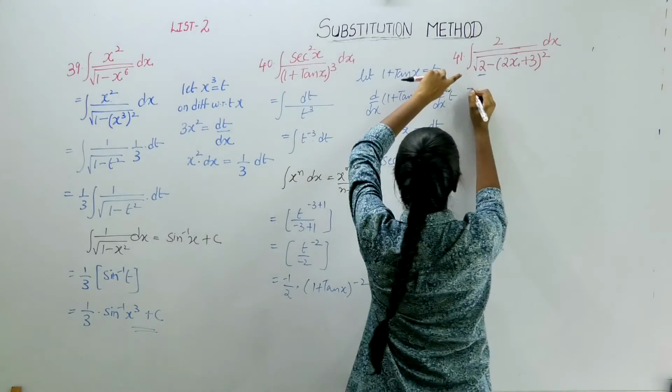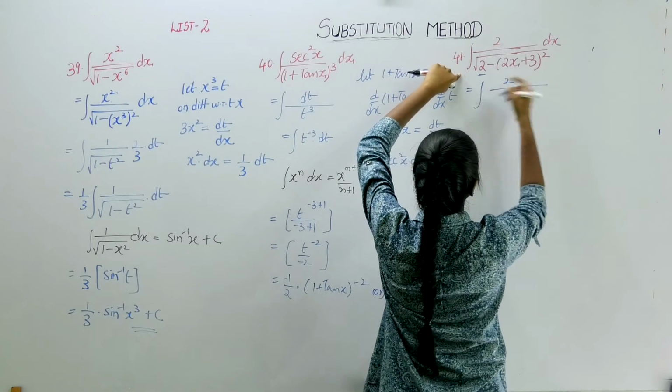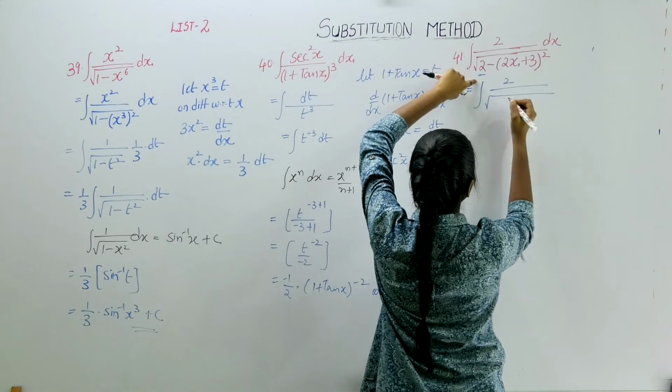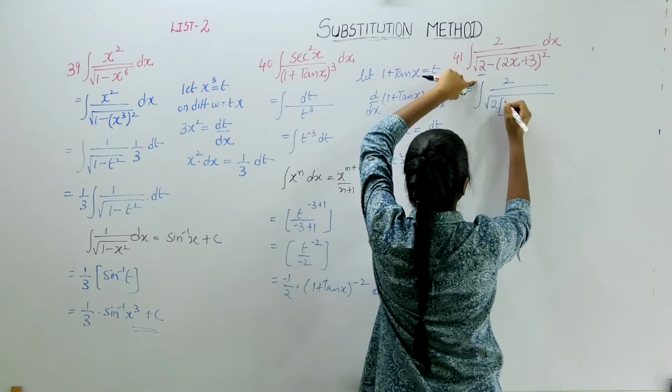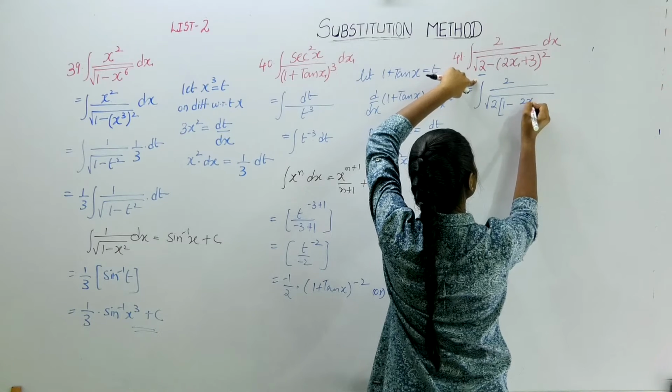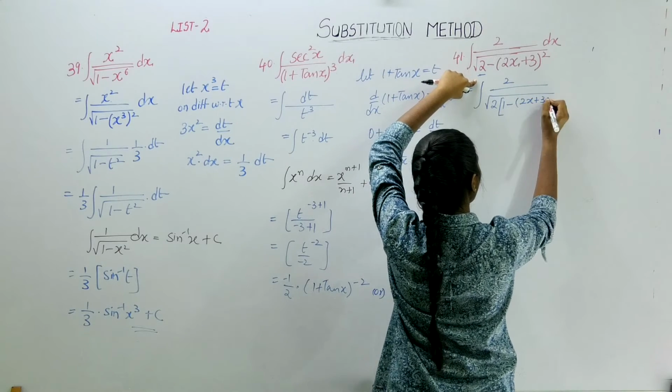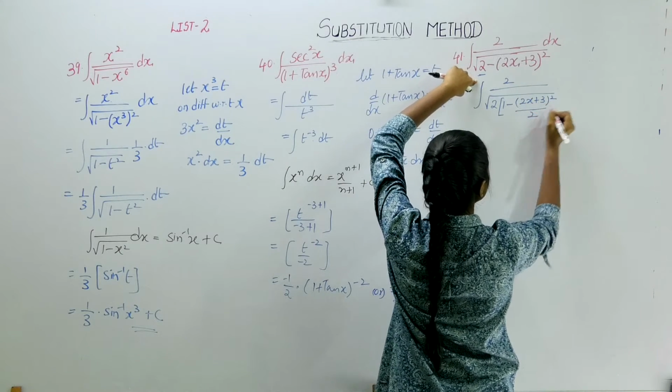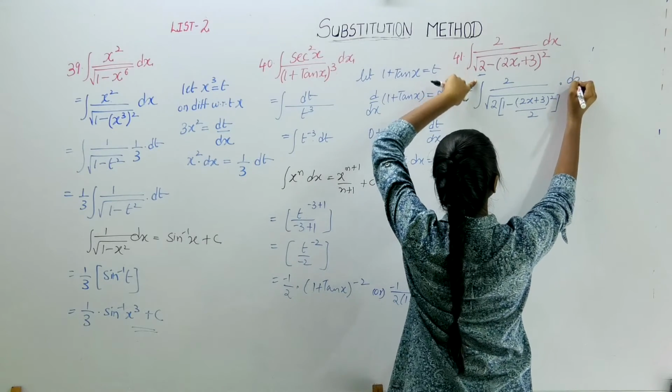When we take 2 common in the denominator, we have 1 minus (2x plus 3) whole square by 2, into dx.